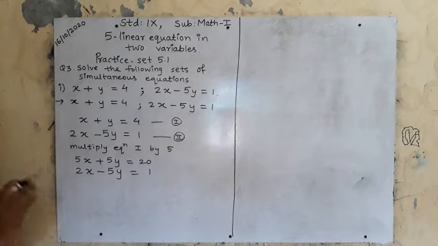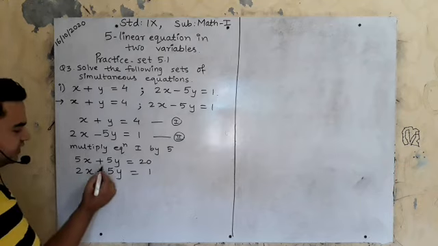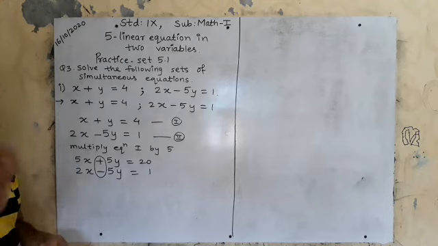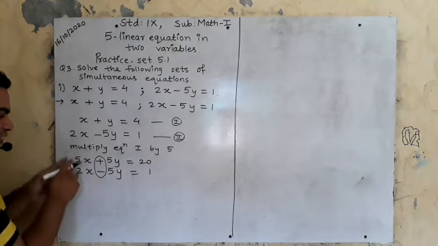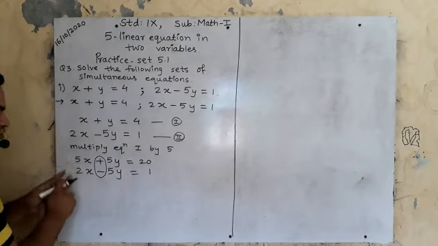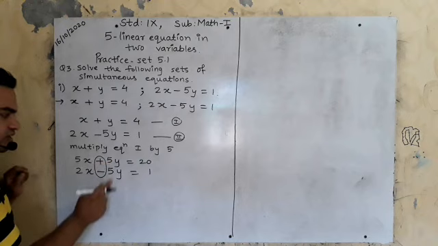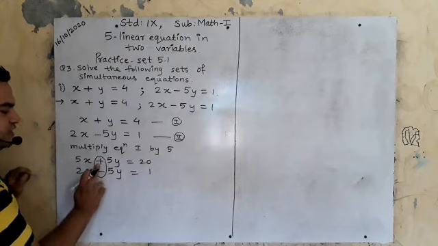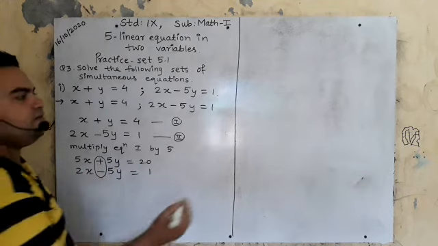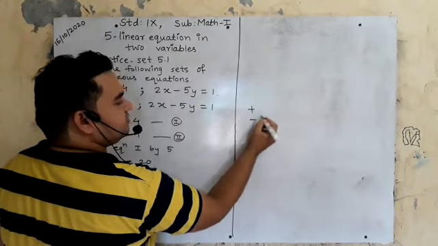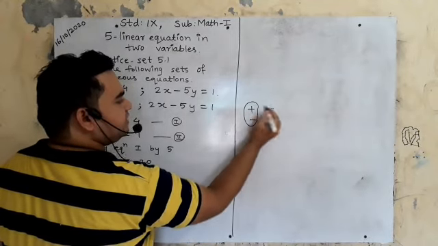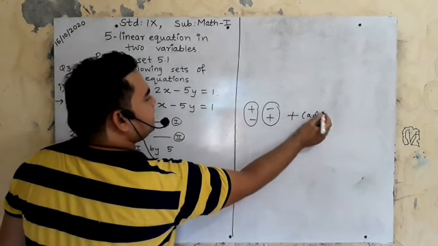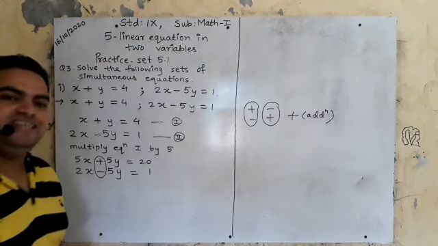Now what you will do? Let me tell you one thing. Which variable do you want to eliminate? y. If you want to eliminate x, then you have to see the signs of x. But here in this question you are eliminating y, right? So what are the signs here? One is plus, one is minus. Whenever there are opposite signs, plus minus or minus plus, you will do addition only.